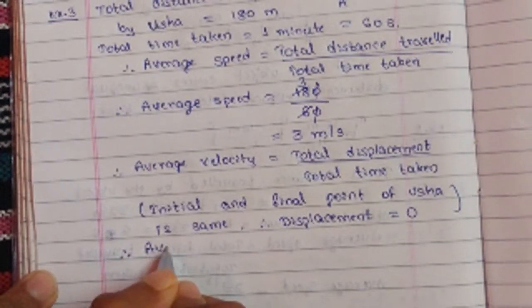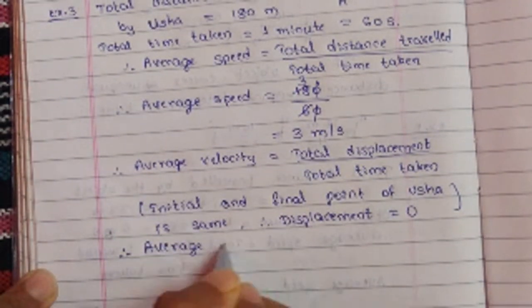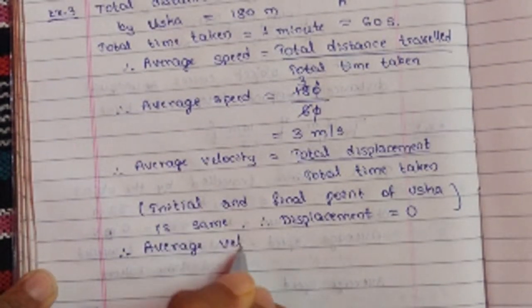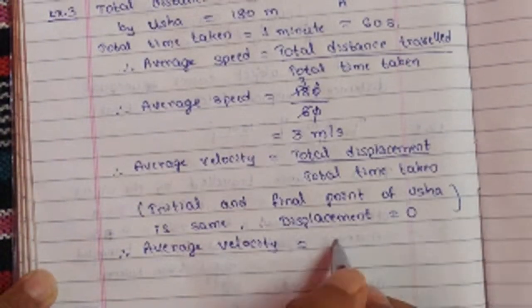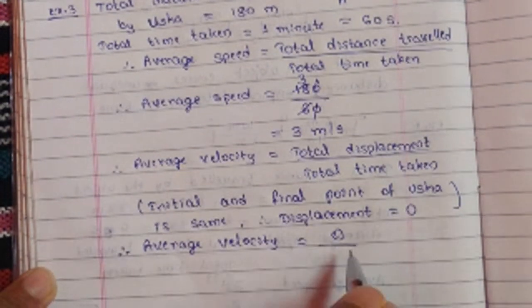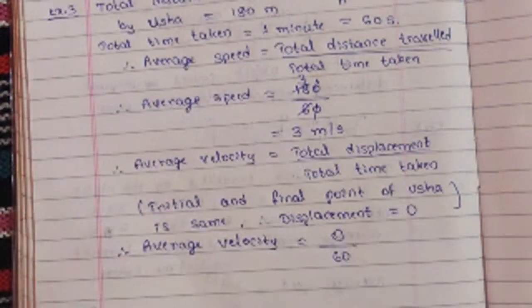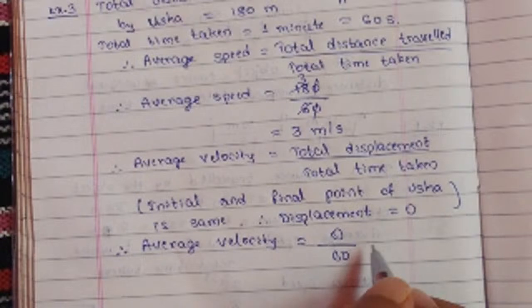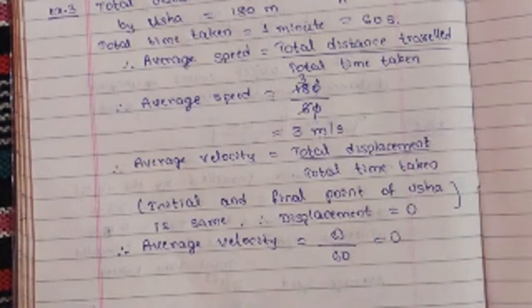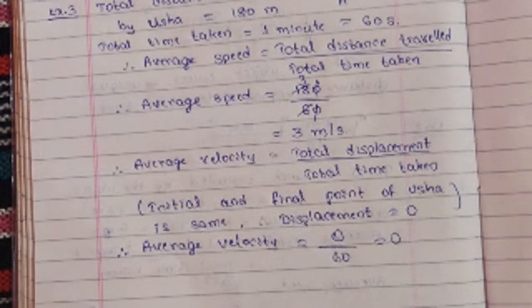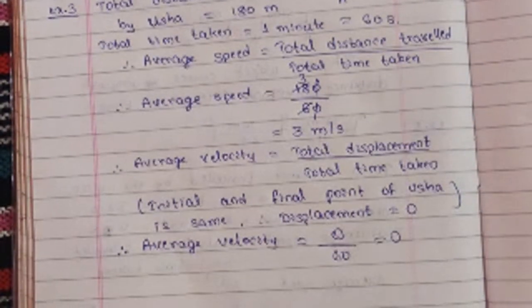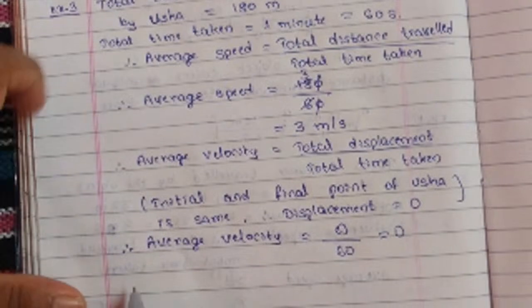So therefore average velocity becomes total displacement, which is 0, divided by total time taken, again 60 seconds. 1 minute is given, that means 60 seconds, so it becomes 0. We can write 0 meter per second, or simply 0.